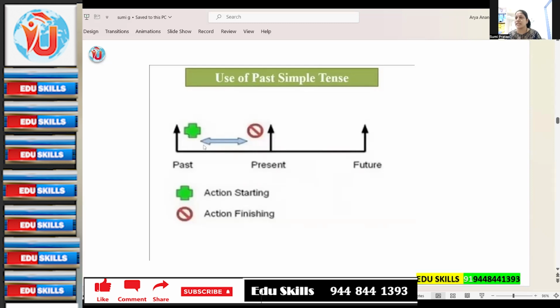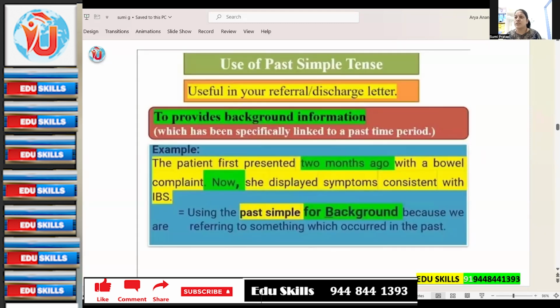For example, it is useful in your referral letter and discharge letter to provide background information which has been specifically linked to your past time period. Okay, it's already finished, but it's linked.